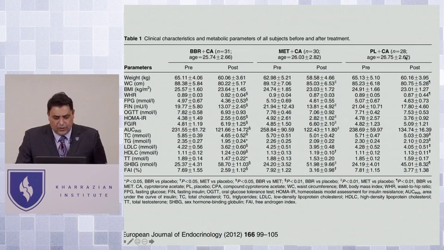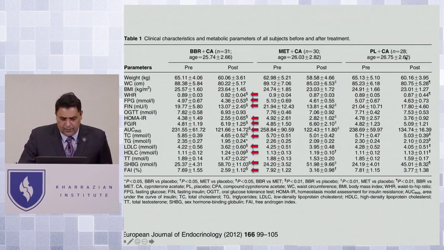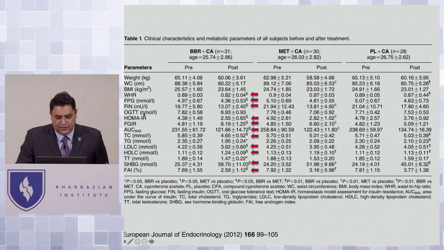And for the most part, when you look at the outcome, the one that had the statistically significant outcomes for changing all the parameters of PCOS, whether it's insulin control or changes in lipid panels or changes in factors that are impacted with infertility, it was the berberine in comparison to metformin and the placebo.